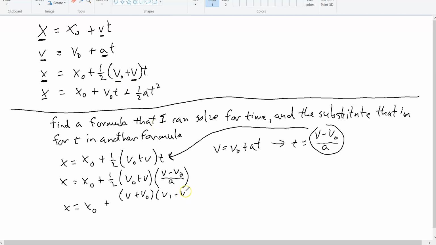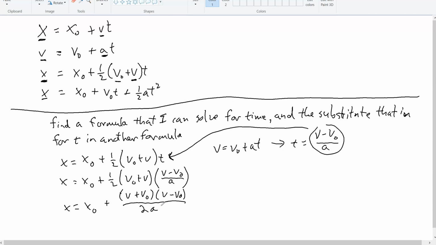Okay, so all I did was I switched the order of these, and let's just put this all over 2a.